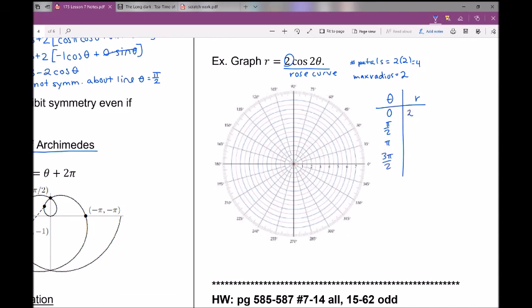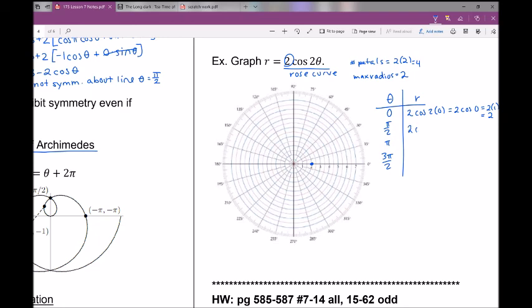So we have 2 times the cosine of 2 times 0, which is 2 times the cosine of 0, which is 2 times 1, which is 2. Alright, so we know we have the point 2 comma 0. So let's see, we go out to the circle of radius 2 and we don't rotate at all.